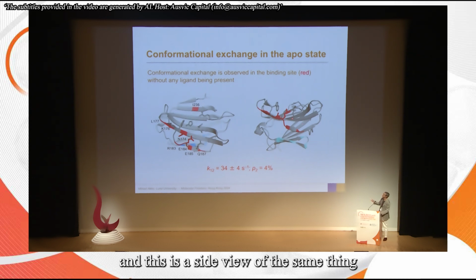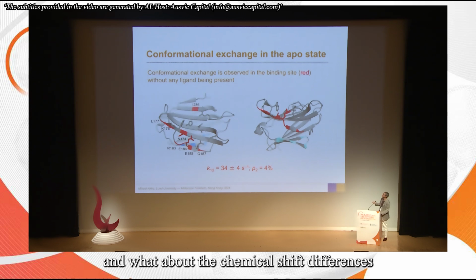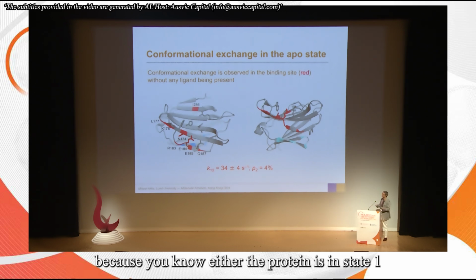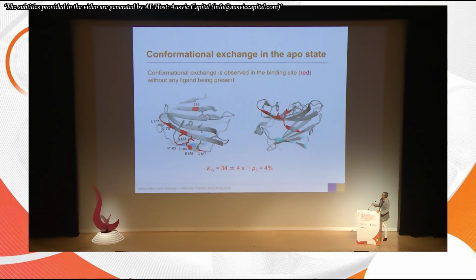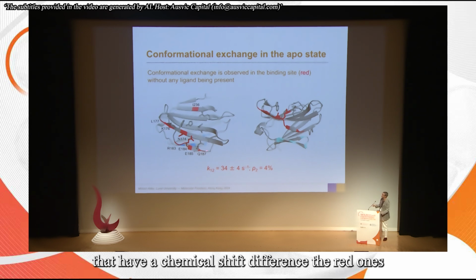And this is a side view of the same thing. Here's the binding site. And what about the chemical shift differences? These are just the global values that are common to all of the residues, because either the protein is in state 1 or in state 2, and when it goes between these, the entire protein senses the same thing, but it's only reported on those that have a chemical shift difference, the red ones.